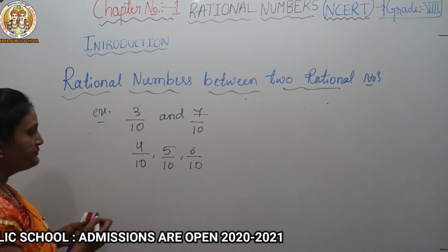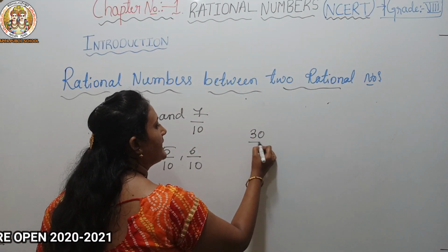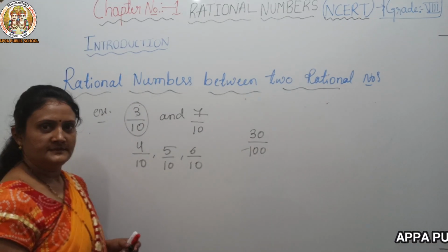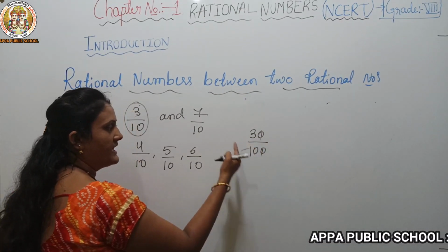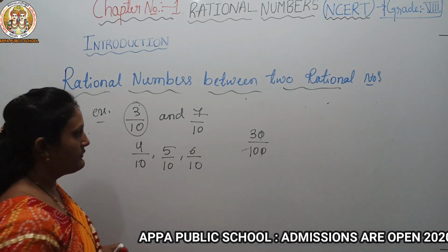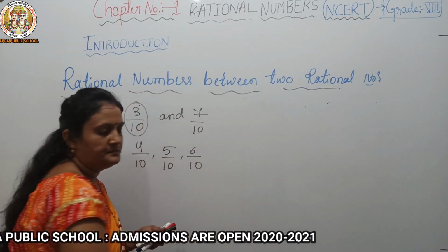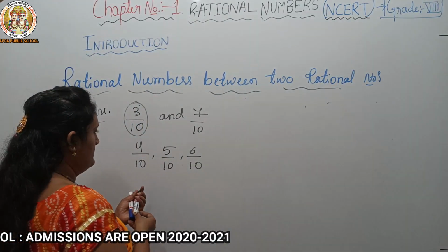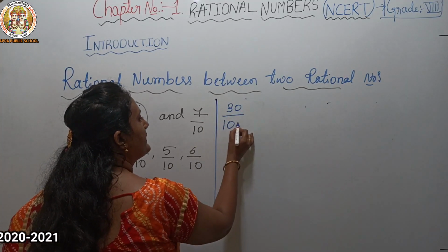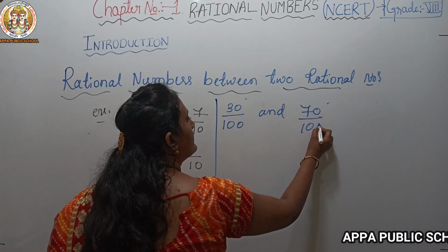No. Why? Because these numbers we can write like 30 by 100. If you simplify, then 3 by 10, what did we learn? Equivalent rational numbers. In a similar way, 30 by 100 we can write, and this one 70 by 100, isn't it?